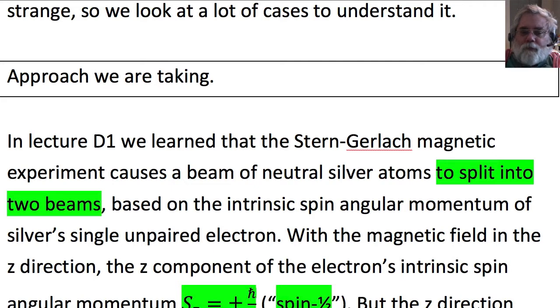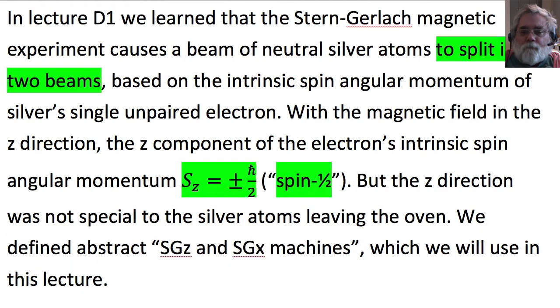With the magnetic field in the z direction, the z component of the electron's intrinsic spin angular momentum is plus or minus h bar over 2. This is characteristic of a spin 1/2 particle, which the electron is.